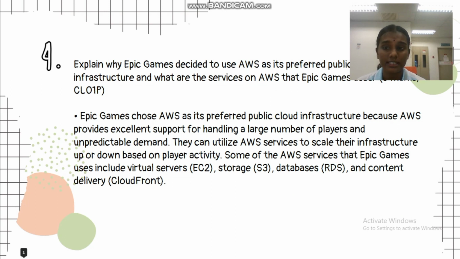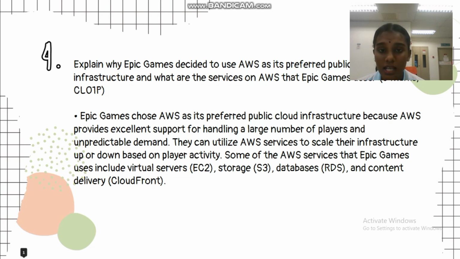So the fourth question is, explain why Epic Games decided to use AWS as its preferred public cloud infrastructure, and what are the services on AWS that Epic Games uses. Epic Games chose AWS as its preferred public cloud infrastructure because AWS provides excellent support for handling a large number of players and unpredictable demand.